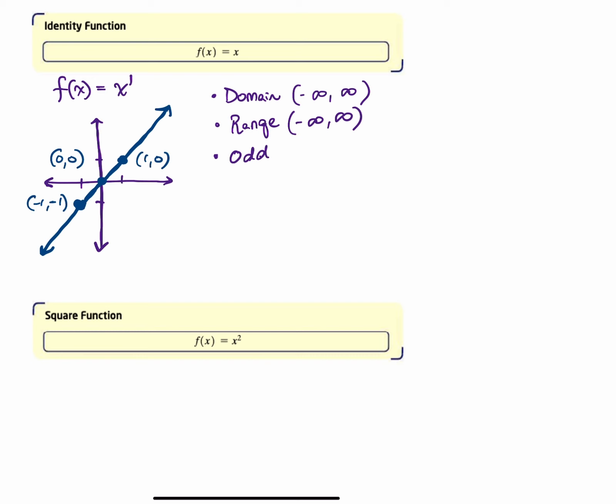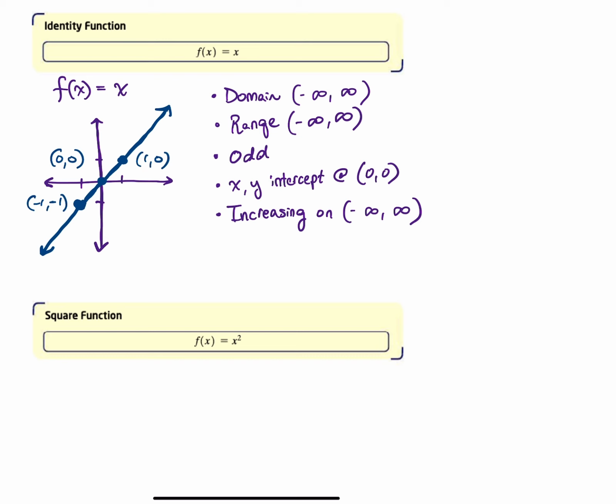Notice it's also to the first power, an odd power. It has an x and y intercept at the origin. So 2 for 1. It is increasing on its whole domain. And never decreasing.